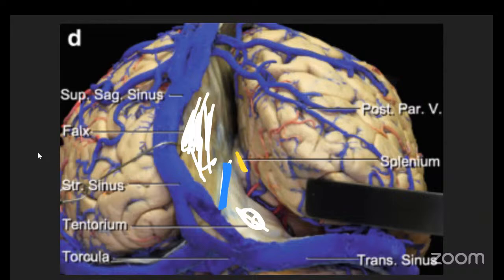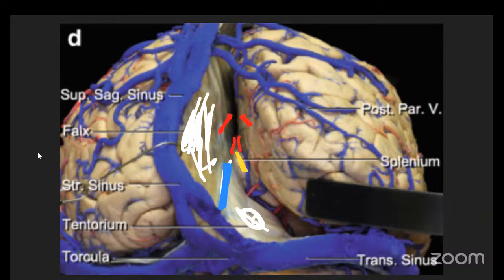Once we split it even more, this is only showing the venous anatomy, but if we split it more, we are going to see the pericallosal arteries running on the corpus callosum, and the callosomarginal artery running just superior to the cingulate gyrus.